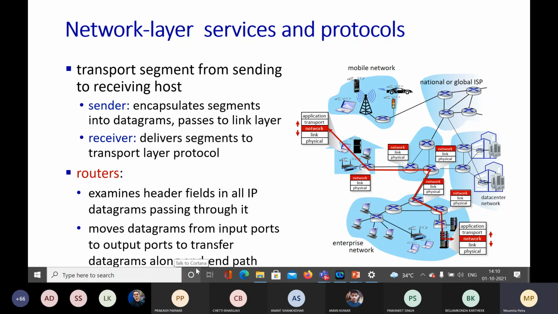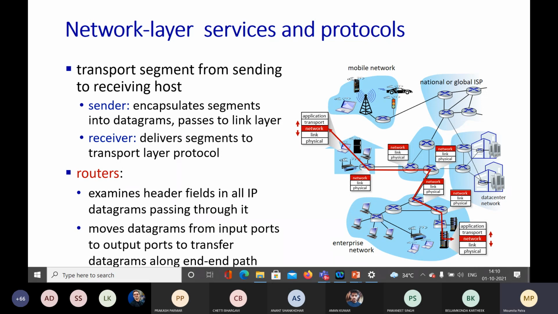And also it finds out what is the end-to-end path for a given datagram. If you remember, in the first chapter I told you about forwarding and routing. At that time I said there are two tasks.